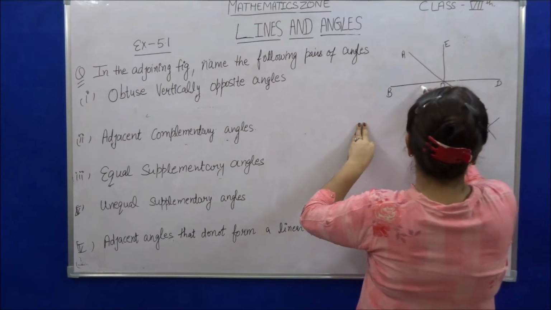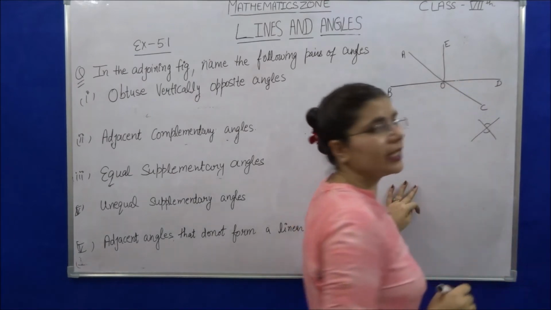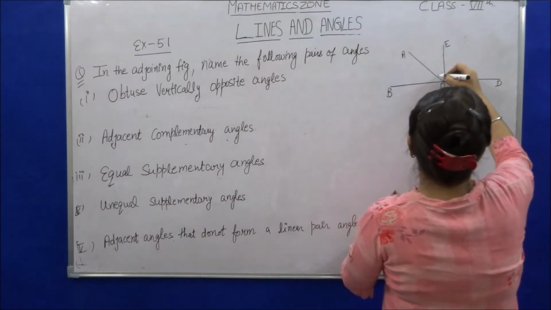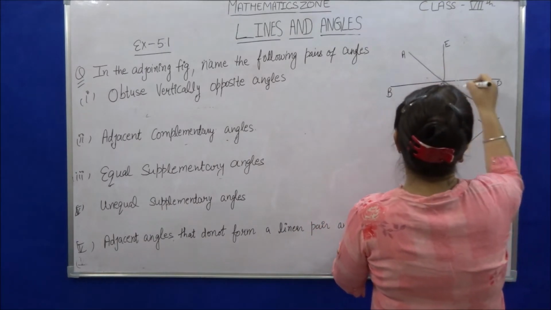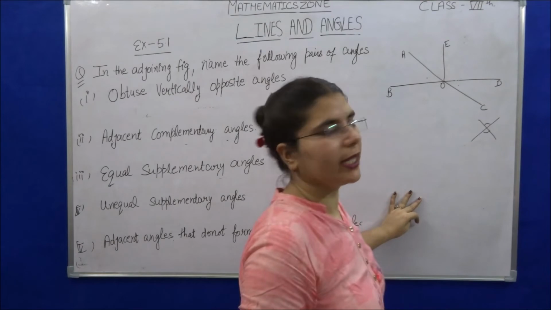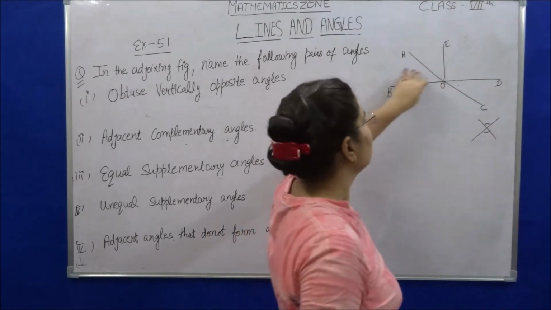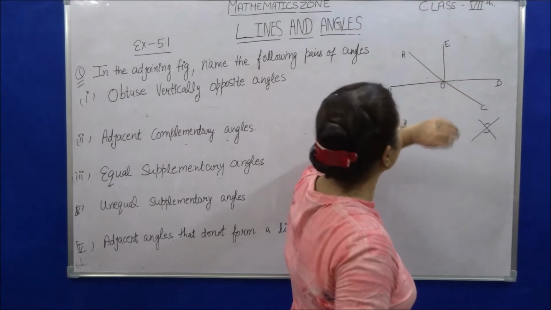That is, the angle should have a measure greater than 90 degree. Now these two angles are also vertically opposite angles, but the measure of these two angles is less than 90 degree. So we can't write this pair.